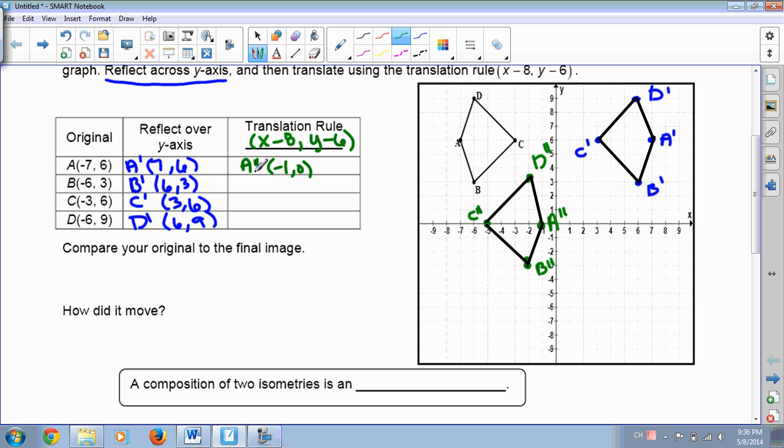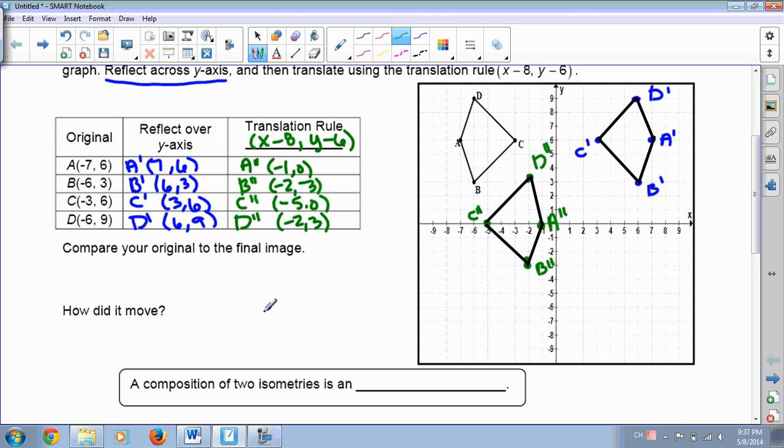Our new location of B prime prime is at -2, -3. Our new location of C prime prime is at -5, 0. And our new location of D prime prime is at -2, 3.